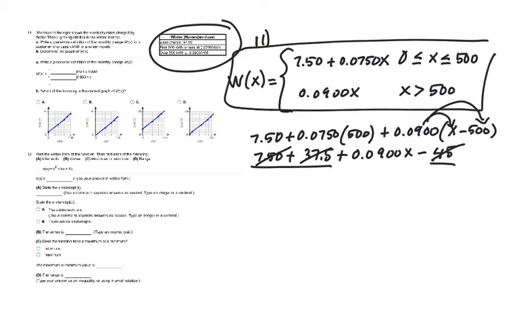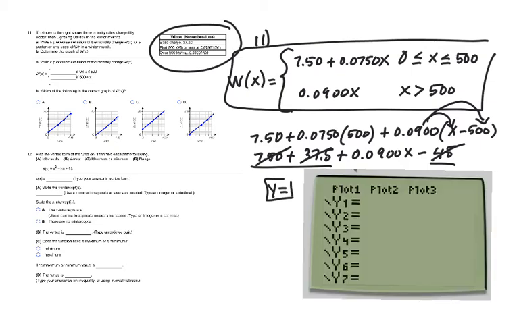Okay, part B says to determine the graph. So in the calculator, in order to type in your piecewise function, we want to type in y equals in the calculator, and then we'll see this screen. To type in the piecewise function here, you want to type in 7.50.